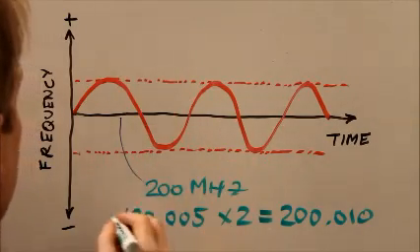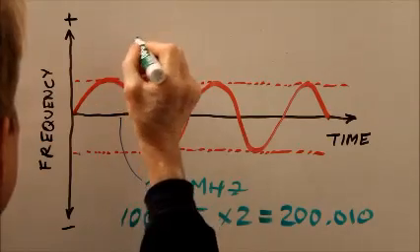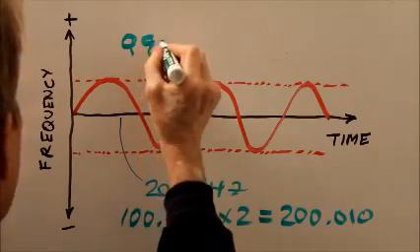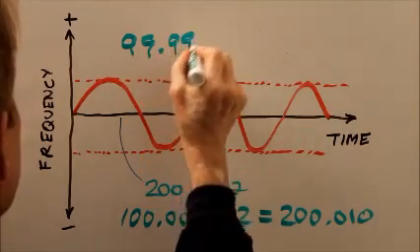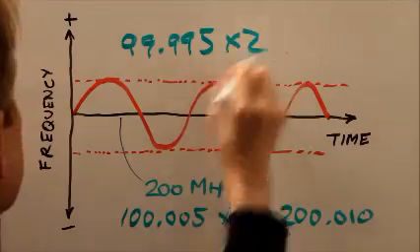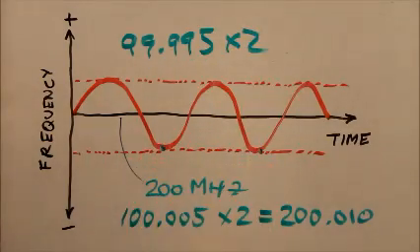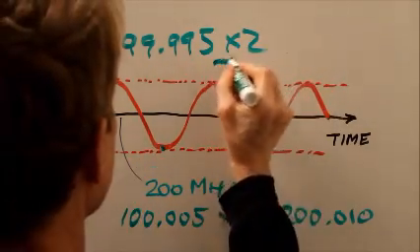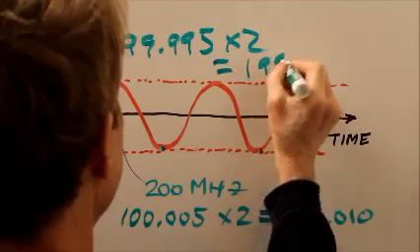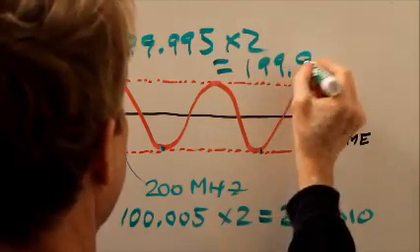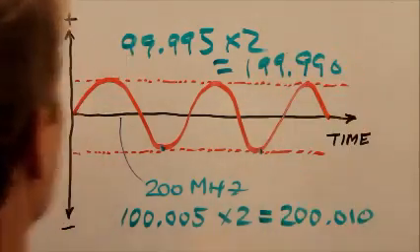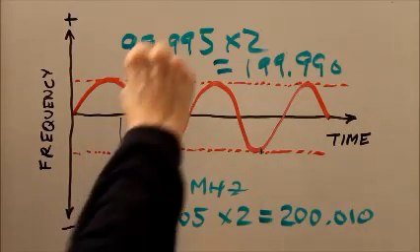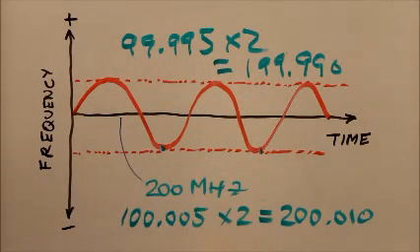Contrary-wise, going down, instead of 99.995 megahertz, we're going to double those points, and we're going to get 199.990 megahertz. So we're going to end up with twice the frequency of the signal itself, and also twice the deviation.